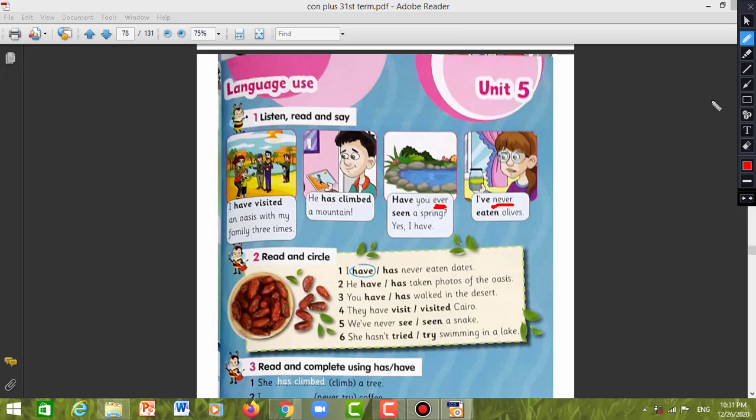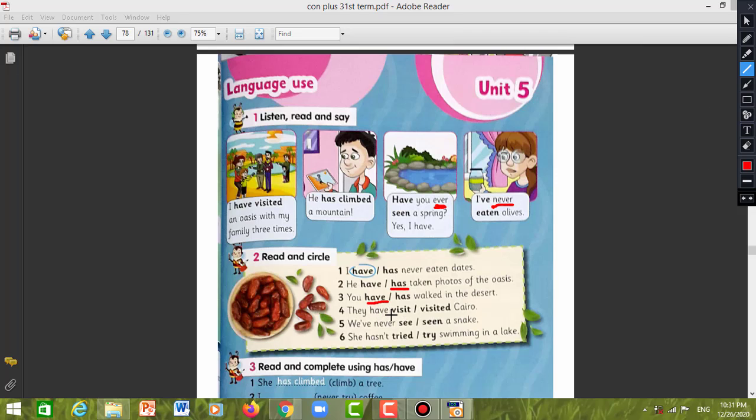Number 2, read and circle. Number 1, I have or has never eaten dates. Number 2, he have or has. Number 3, you have or has walked in the desert. You have. They have visited Cairo.